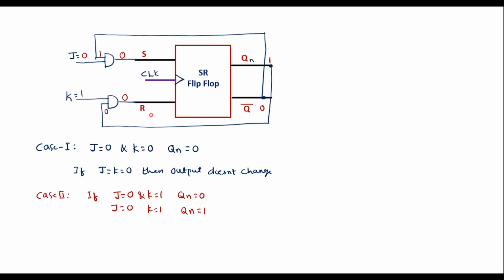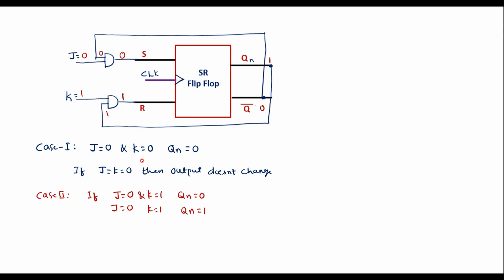So this 1 will go here, so this is 1, and this 0 will appear here. So the output of this AND gate is 0, and here the output of the AND gate is 1. Now we can observe that S is 0 and R is equal to 1. In an SR flip-flop, if S is 0 and R is 1, the flip-flop will reset.